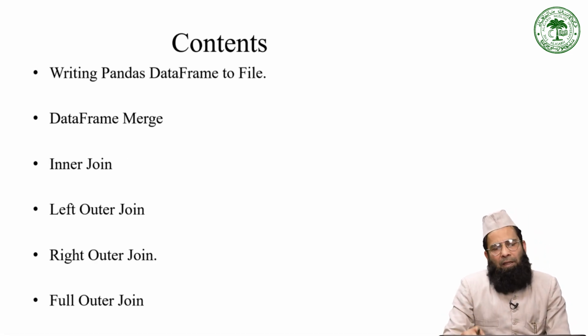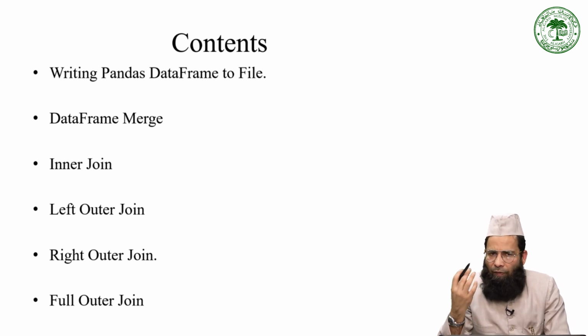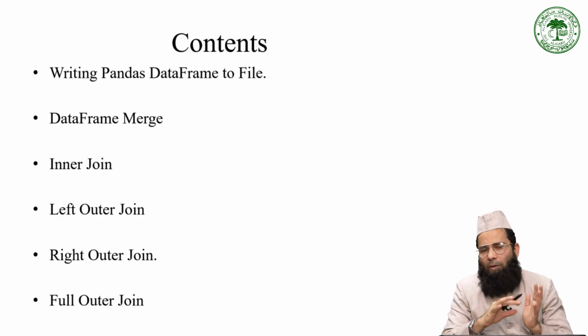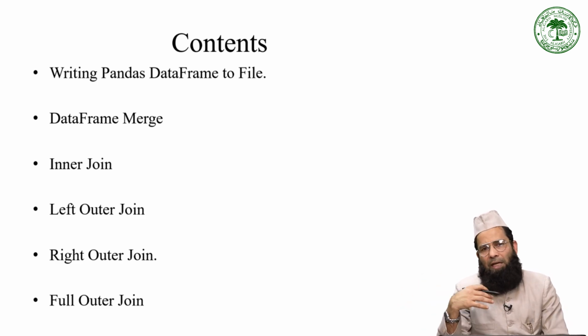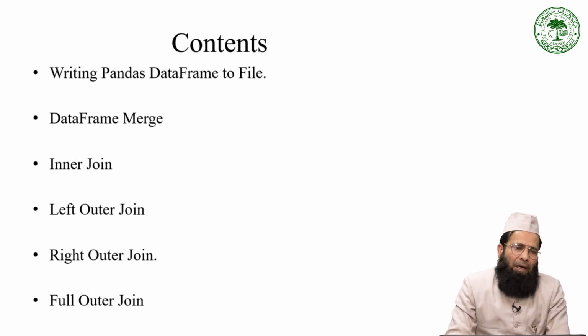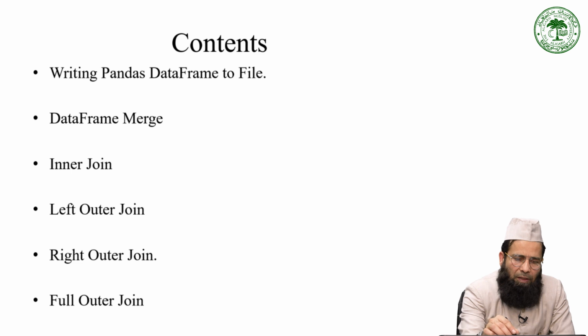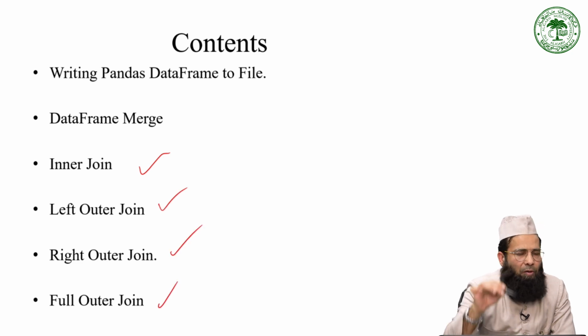So, in the current lecture, I will discuss how to write a Pandas data frame to a file. Suppose you have a data frame, how can it be saved to CSV format, a CSV file. Then we will discuss data frame merge functionality, and as far as merge is concerned, we will discuss inner join, left outer join, right outer join and full outer join as well.